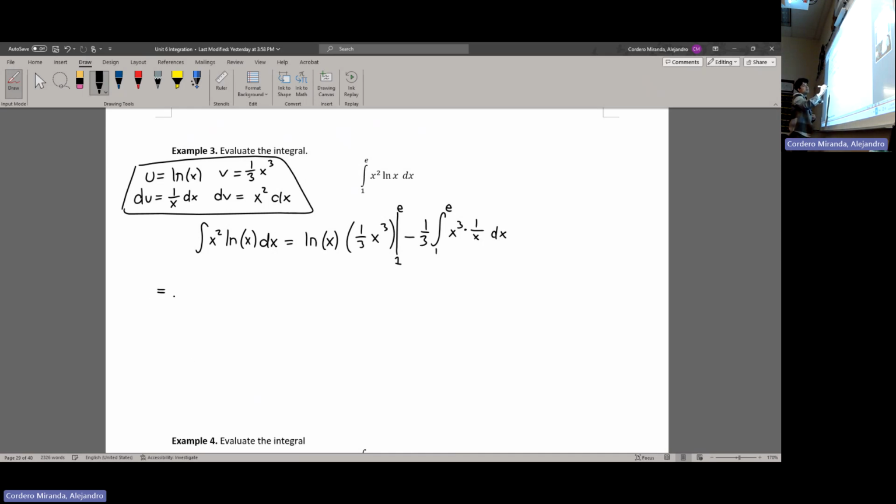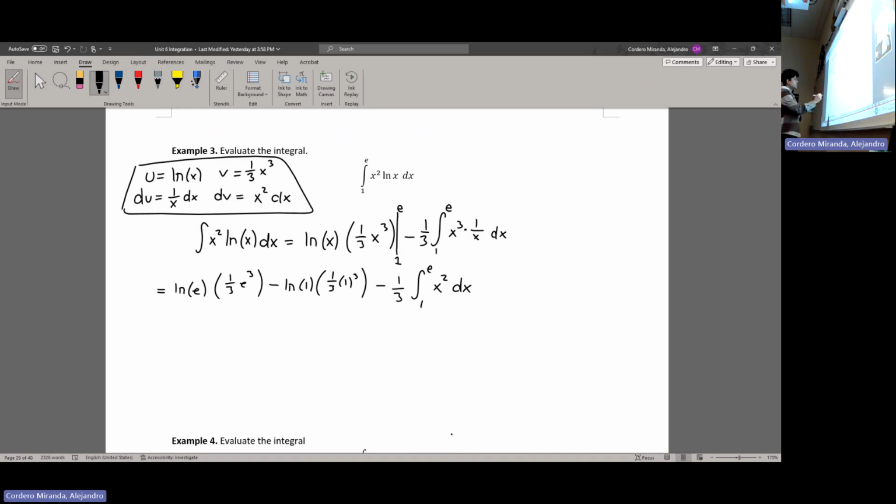So that would be natural log of e times 1/3 e cubed minus natural log of 1 times 1/3 times 1 cubed, which you can simplify really easily in a second, and then minus 1/3 integral from 1 to e of x cubed times 1 over x. That's going to be just x squared dx. And then that's easy to take the antiderivative of.